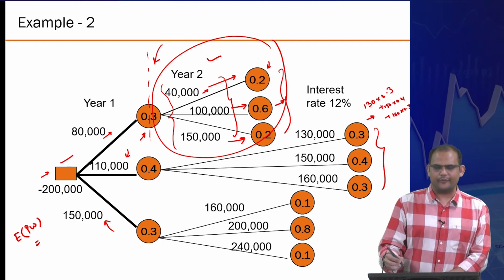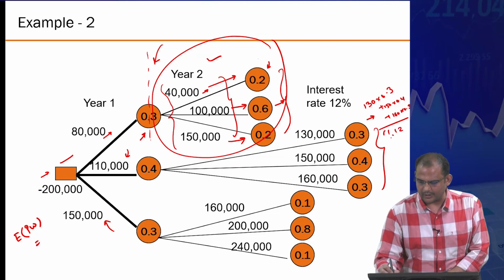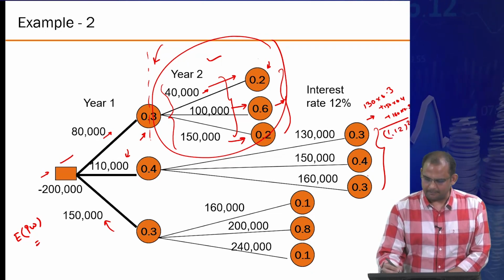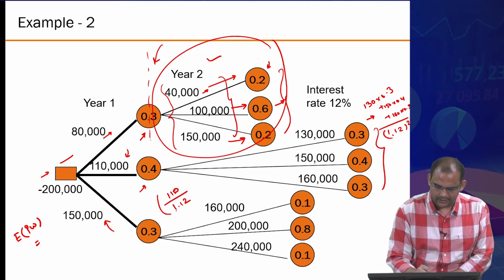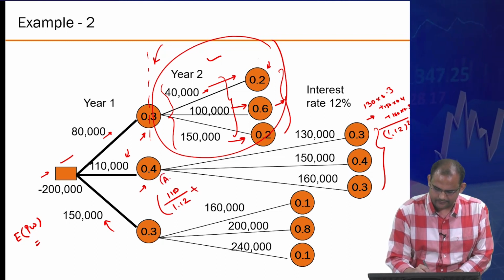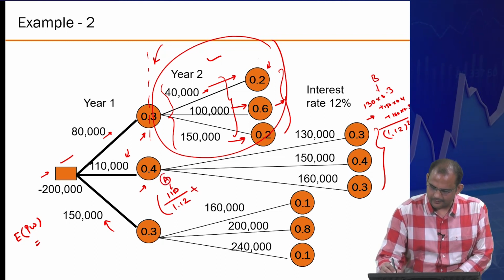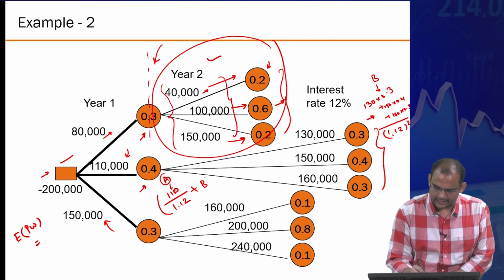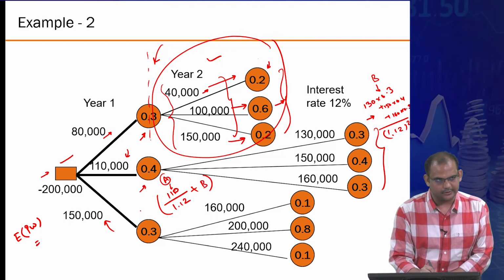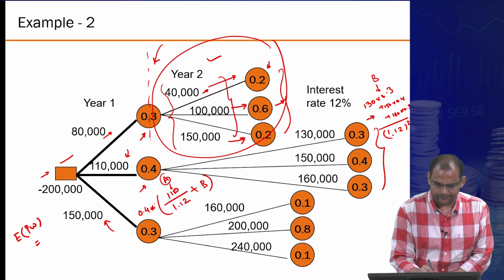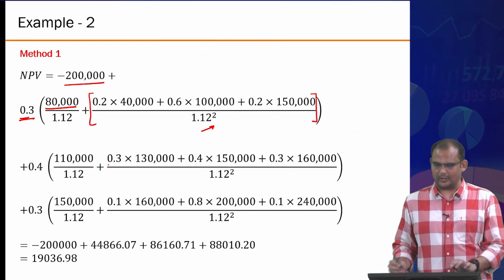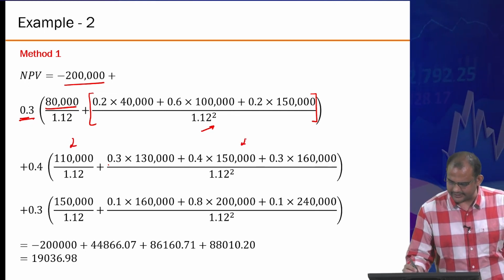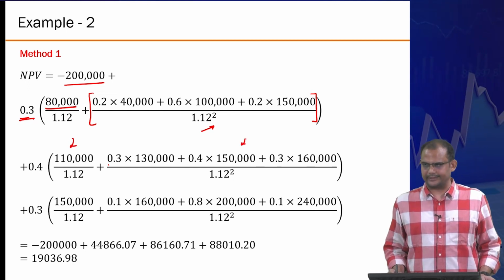This will be discounted for 2 years, so that will be like 1.12 square, plus the cash flow here is what? 110 divided by 1.12. The whole network, this term added here will be multiplied by what? 0.4. Understood? 0.4, all the terms, individual nodes are being crashed, and that is how you do the analysis.